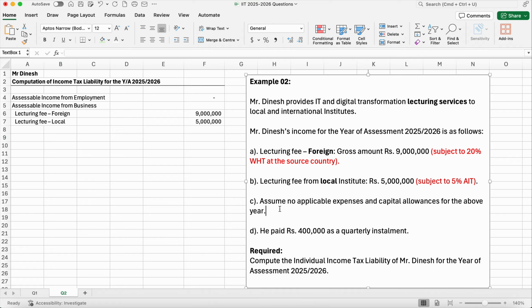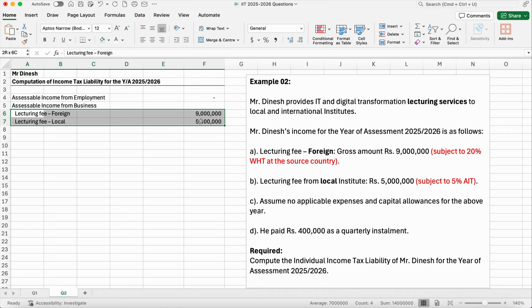But here the assumption is no applicable expenses or capital allowance for the above year, therefore we are not taking those. Then we consider the gross amount as assessable income from the business.